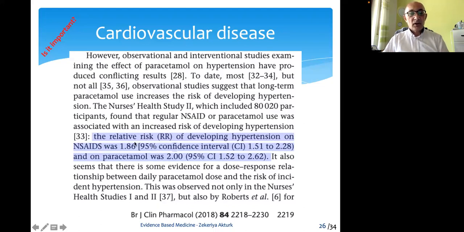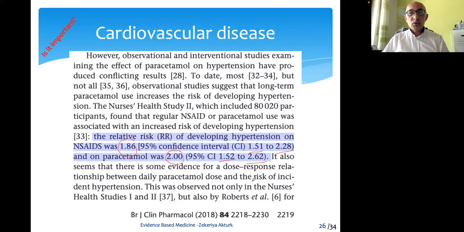The relative risk of developing hypertension on non-steroidal anti-inflammatory drugs was 1.86, and the 95% confidence interval is between 1.5 and 2.2. For paracetamol, it was 2.0 and the 95% confidence interval between 1.5 and 2.6 again.